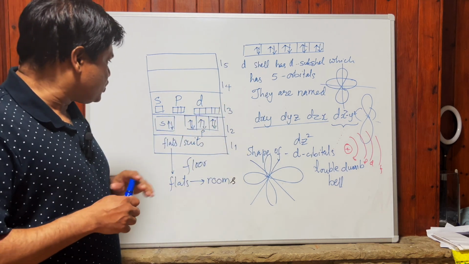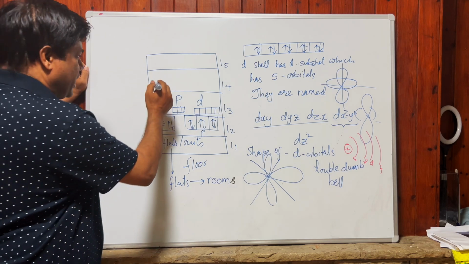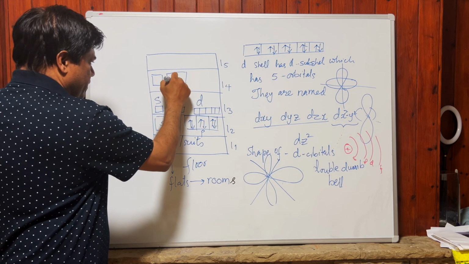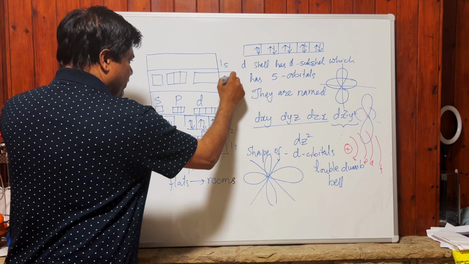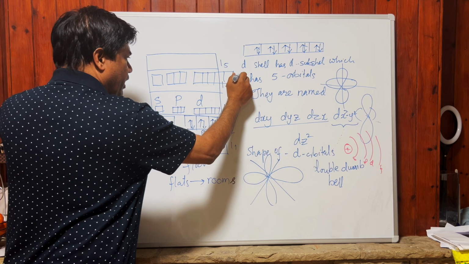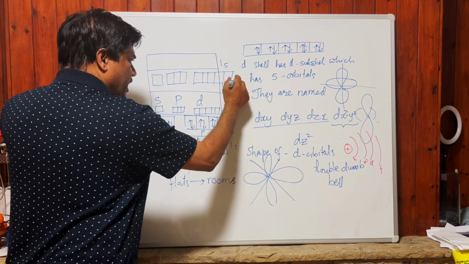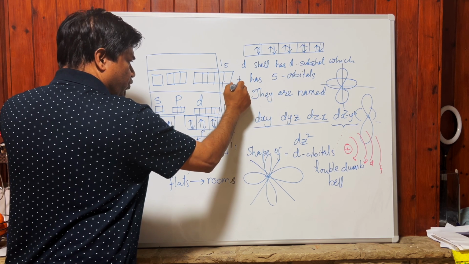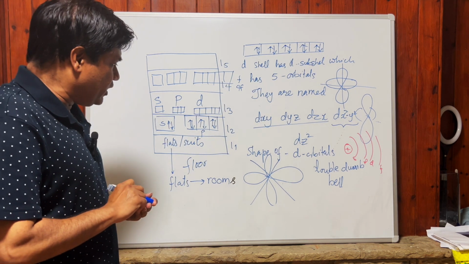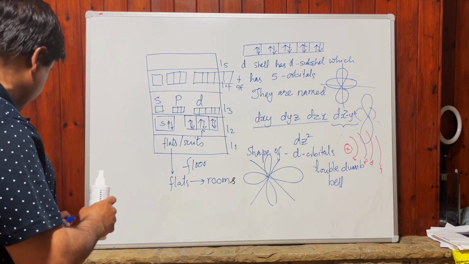Now the fourth shell has 1 s, 3 p, 5 d, that is 1, 2, 3, 4, 5, and with that we have the f orbitals. The fourth shell has the 4f subshell. Normally the shape of the f orbital is very complicated.